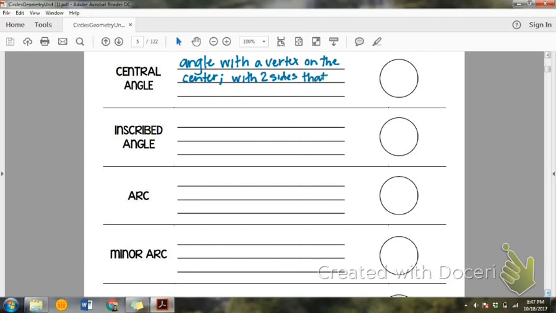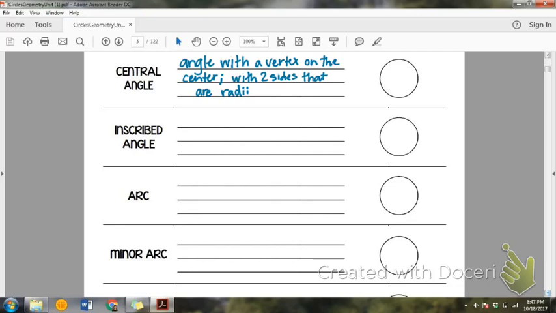Now that's a new word, radii. Radii just means the plural of radius. So a central angle is an angle with a vertex that is on the center, and two sides are the radii.